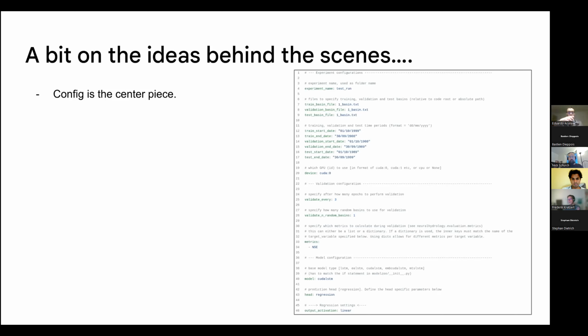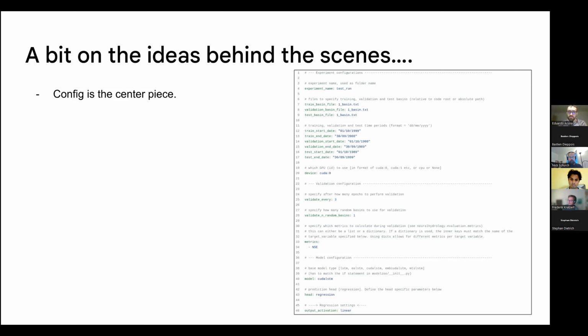We currently have support for, I think, 10 or 12 different deep learning models, and data loading functions for all CAMELS data sets and some other data sets. You can train any model on any of these data sets without touching a single line of code, just by defining this .yaml text file, which you can do with a text editor.